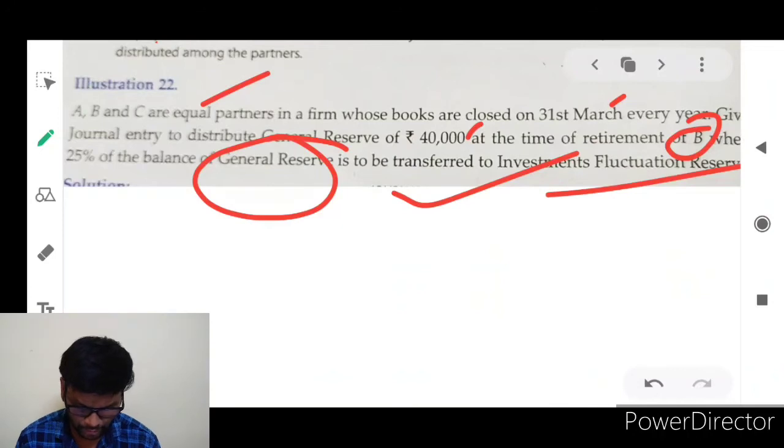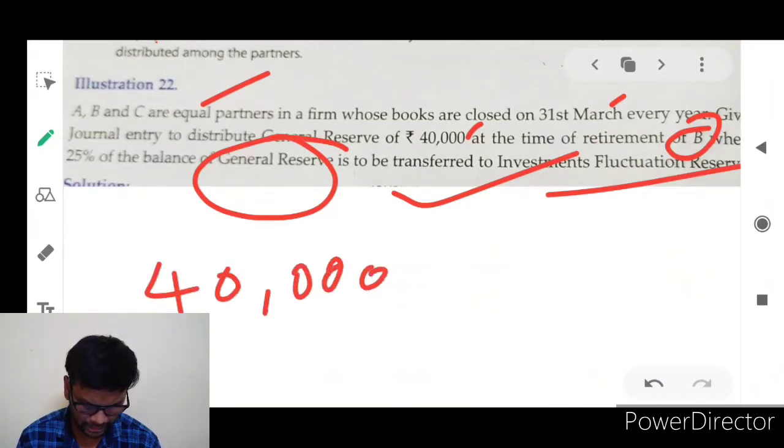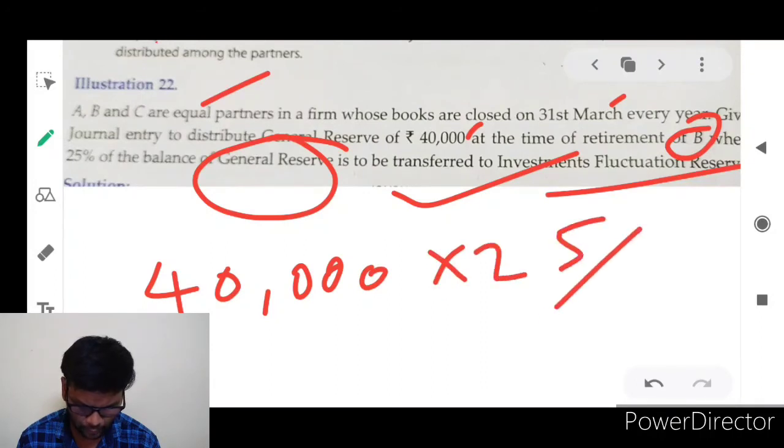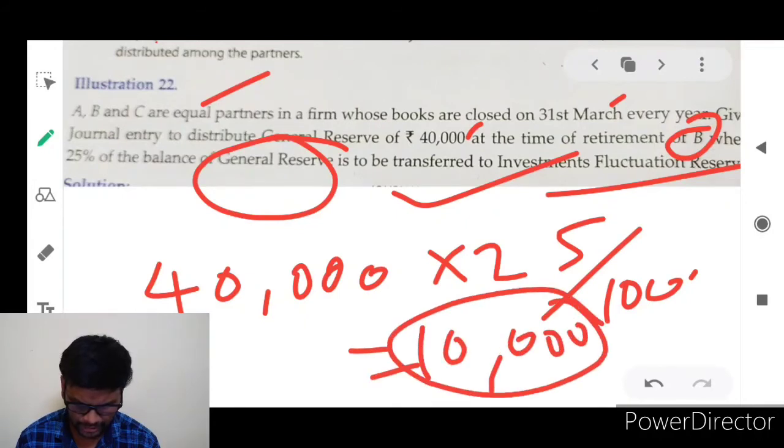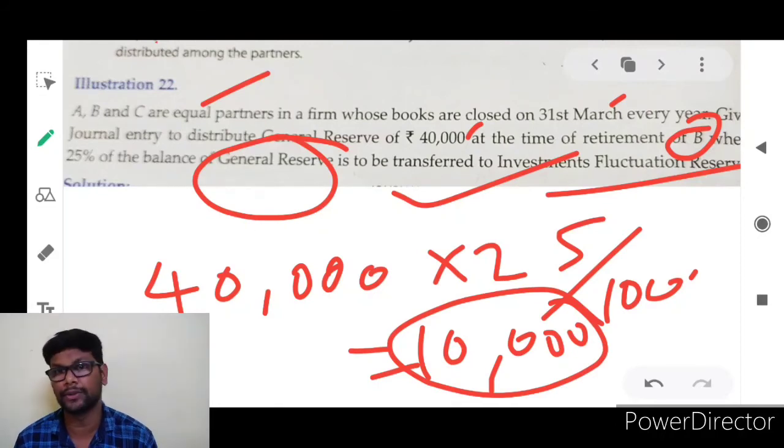So the actual amount of the general reserve is 40,000 rupees. 40,000 into 25 divided by 100. How much will come? 10,000 rupees. So from this 40,000, 10,000 rupees becomes the investment fluctuation reserve.